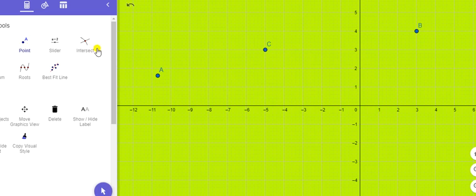Then let me come back to this particular point. This will be (-9, -3). And also one more point, say this one E, will have coordinates (2, -2).